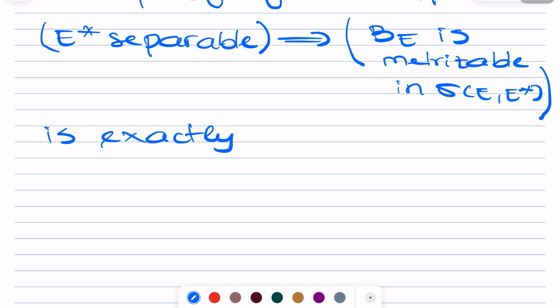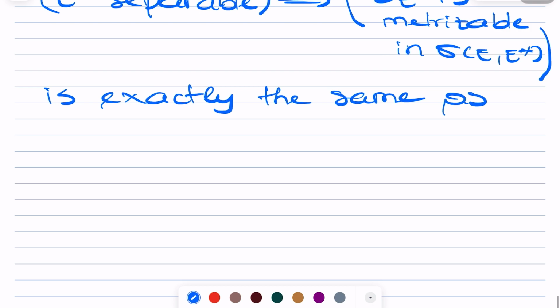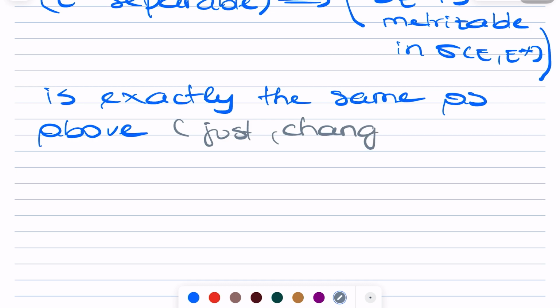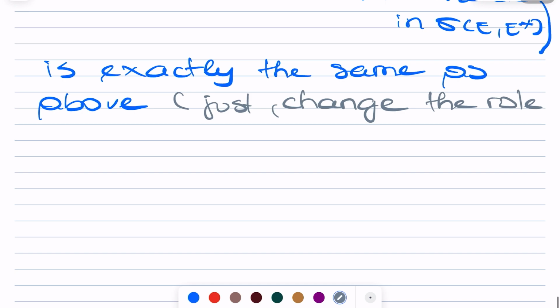It's exactly the same as above, so just change the role of E and E star.